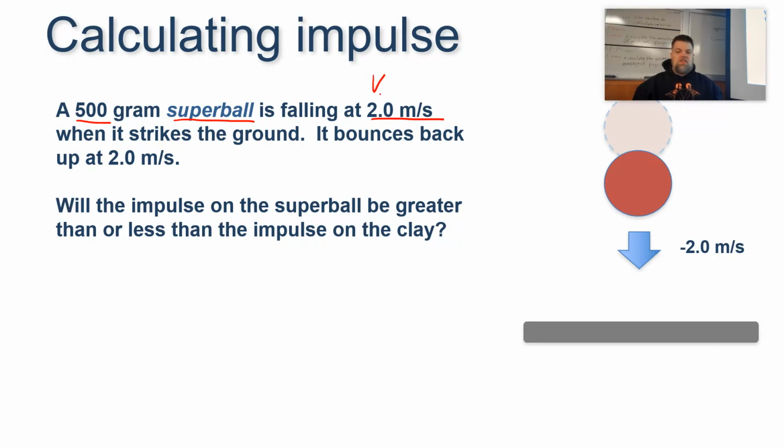So that is the initial velocity of -2 meters per second. Why? Because we're going to say that falling is negative and going up is positive. When it strikes the ground, it bounces back, which is the final velocity of 2 meters per second, because it's positive, right?